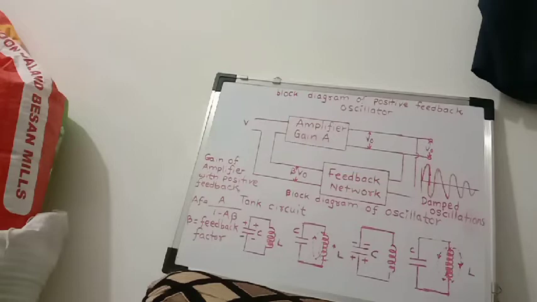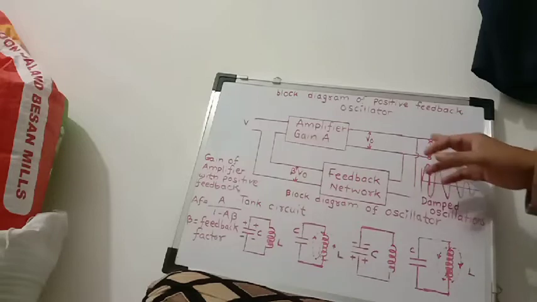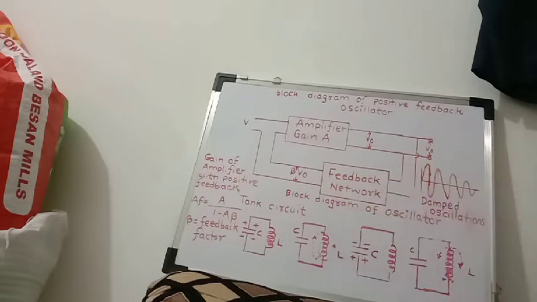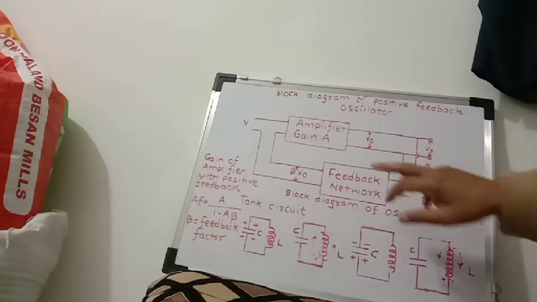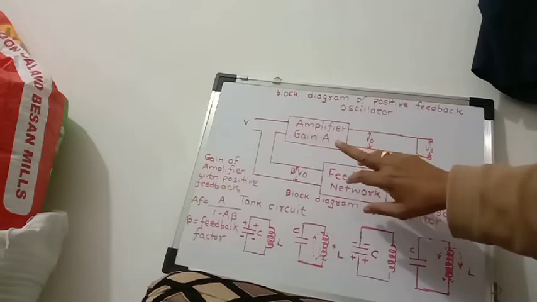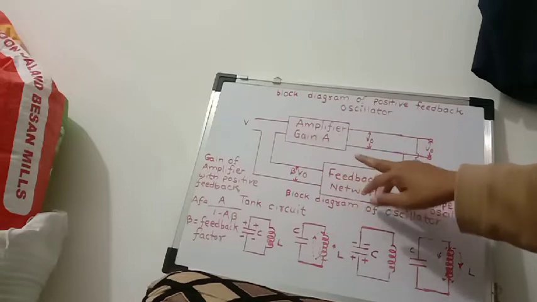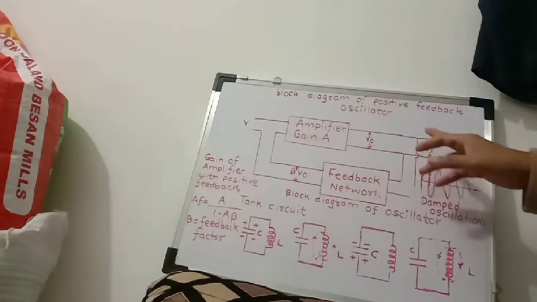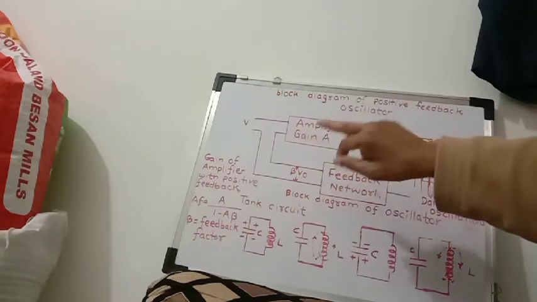The gain of the amplifier without feedback is equal to VO upon VI, that is output voltage divided by input voltage. Gain means the ratio of output voltage to the input voltage.